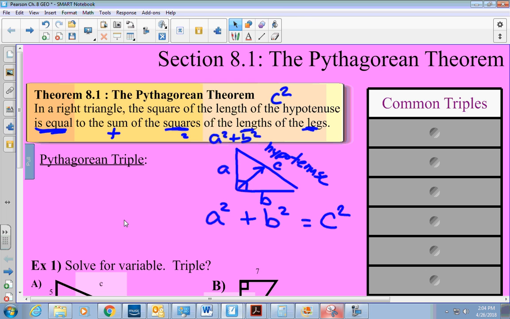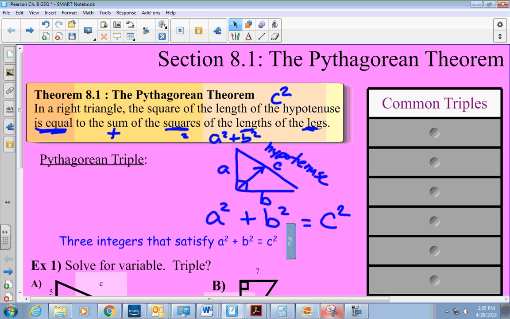All right, so the next guy that we're going to look at is a crazy little guy called the Pythagorean Triple. Any 3 numbers, and here we use the word integers, that satisfy A squared plus B squared equals C squared.